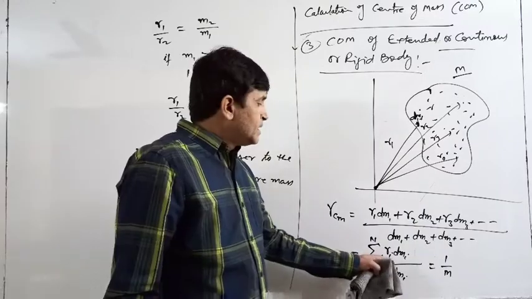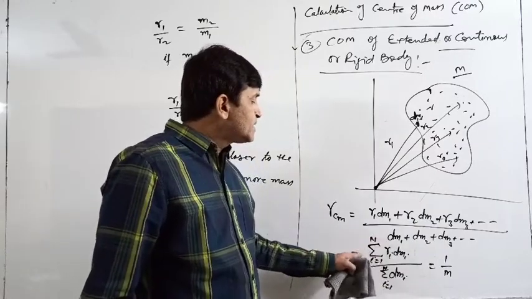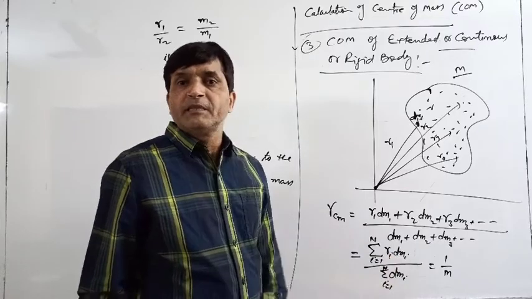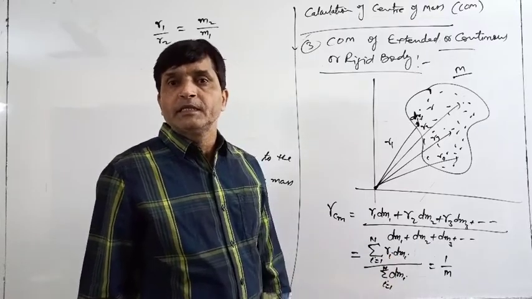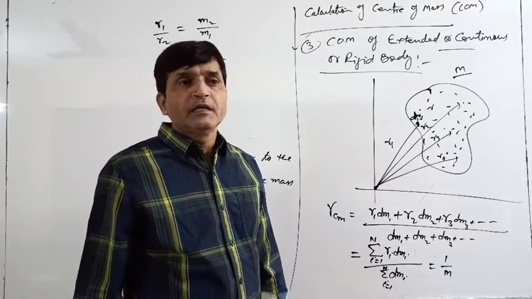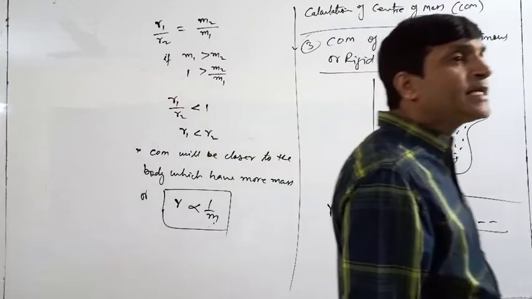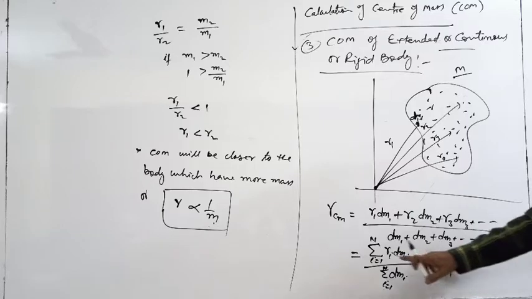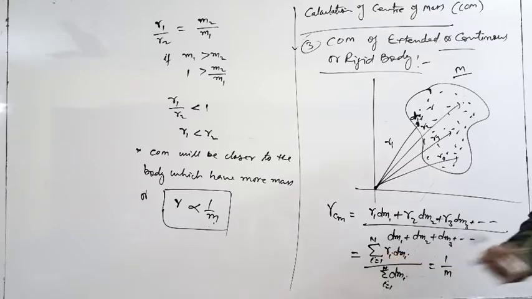Now this is nothing but summation of product. Summation of product means it is the integration. You don't know this? What is integration? Summation of area. Area means product of two quantities, x and y or any two quantities can be there. Same thing, r and m.